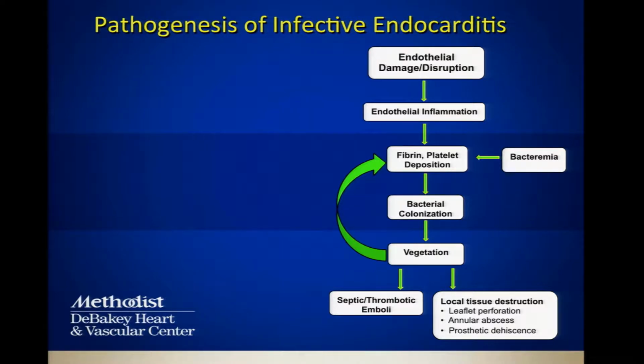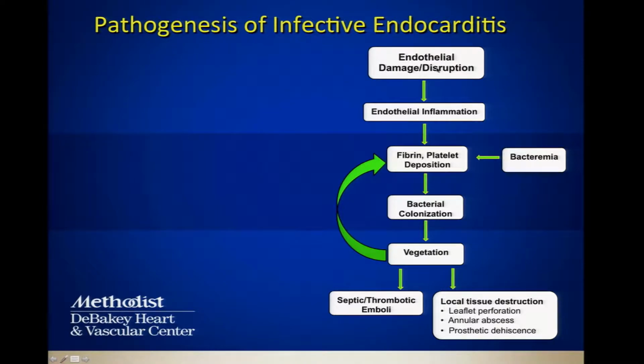So it can be a congenitally abnormal valve, like a bicuspid valve. It can be any prosthetic material, which by definition is not normal. It doesn't have normal flow profiles. It can be damaged in some capacity, like a prolapse valve, so something's abnormal. So it's not impossible to get normal native valve endocarditis, but it is uncommon.